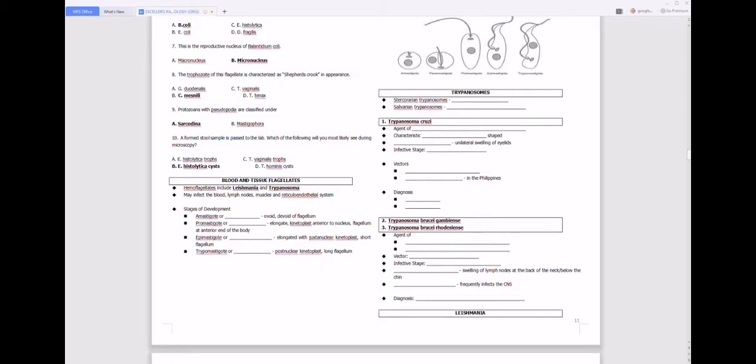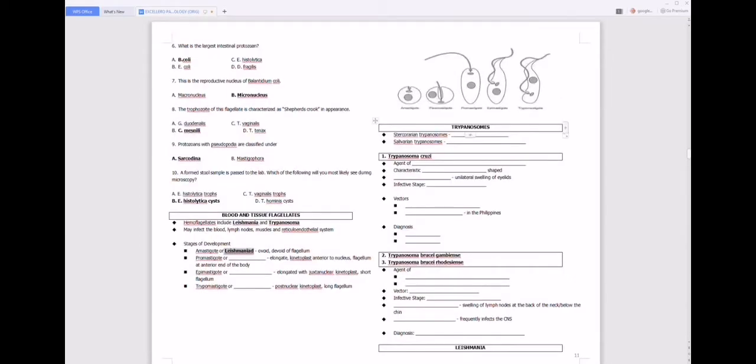So first is the amastigote, or what you call the Leishmanial or Leishmaniad form. So this is the ovoid form and devoid of flagellum. So you can see it in the picture, ovoid and devoid of flagellum.